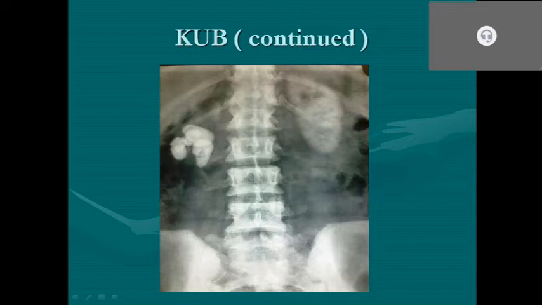The second is exposure, where you are exposing the limit. It should be from T10 vertebra and should finish at the lesser trochanter of femur or the lower end of the pubic symphysis. It should cover that much area to qualify as X-ray KUB.